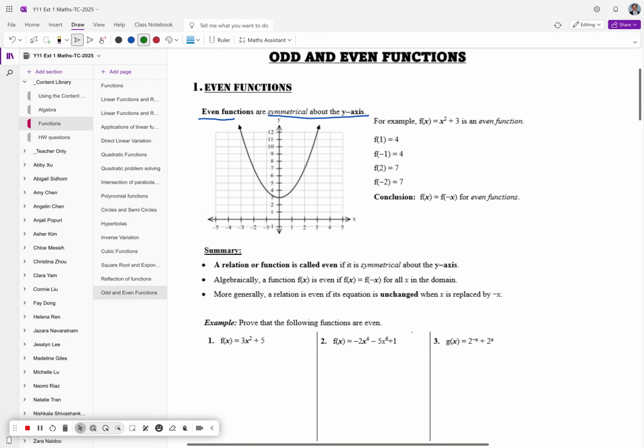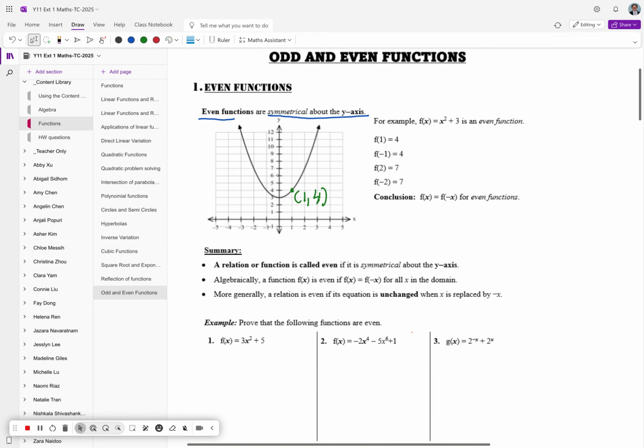So that means that the y-axis is an axis of symmetry. That's not a very good line, but you got the idea. So the y-axis is an axis of symmetry. So let's have a look at 1, 4 here. That's this point there. 1, 4.